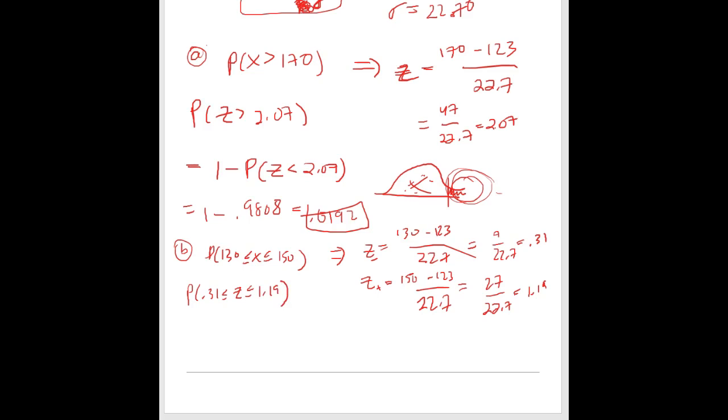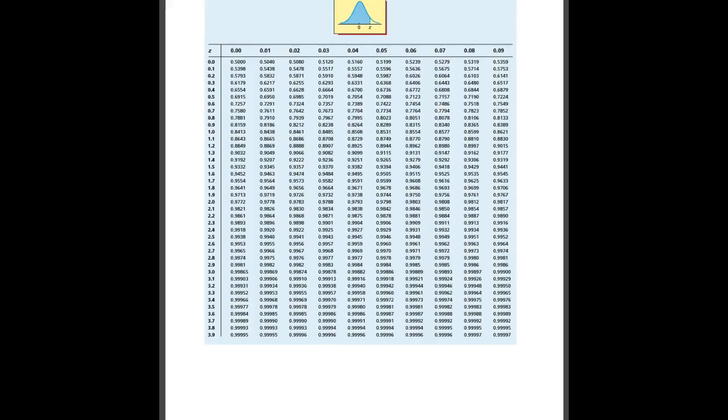Okay. And so then this is easy to deal with. We're just going to be taking the larger probability minus the smaller probability. So it's just going to be the probability that z is less than 1.19 minus the probability that z is less than 0.31. So we go to our tables. The 1.19 we want to find, so we go down to z 1.1 all the way over to 9.